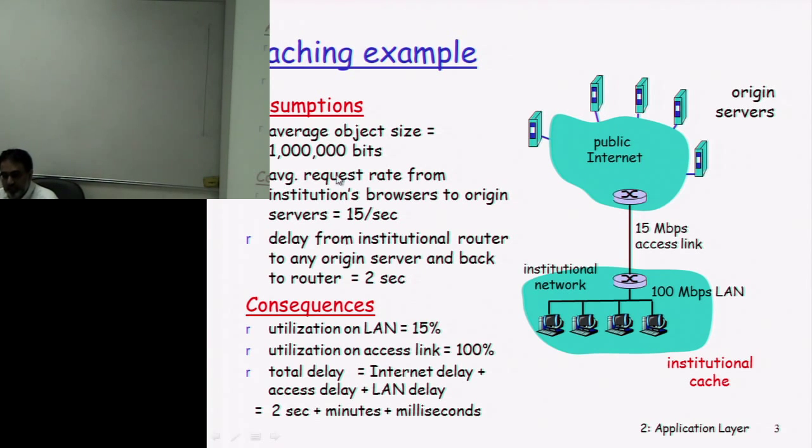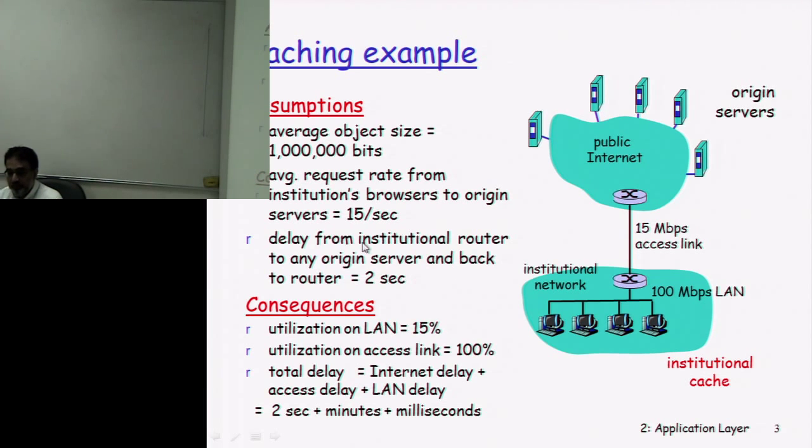The average request rate from the institution's browsers to the origin servers is 15 requests per second. That means from the institution network the clients are going to send 15 requests in 1 second to the internet. If 15 Mbps is the bandwidth of the access link and 15 requests are being sent per second, we have to look at the utilization of this link, how much the link will be utilized.